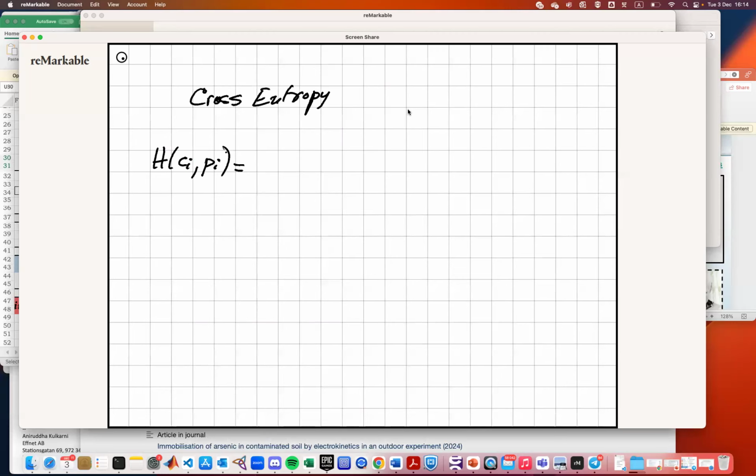And actually, this equation over here tells that it's minus Ci logarithm Pi plus 1 minus Ci logarithm 1 minus Pi.